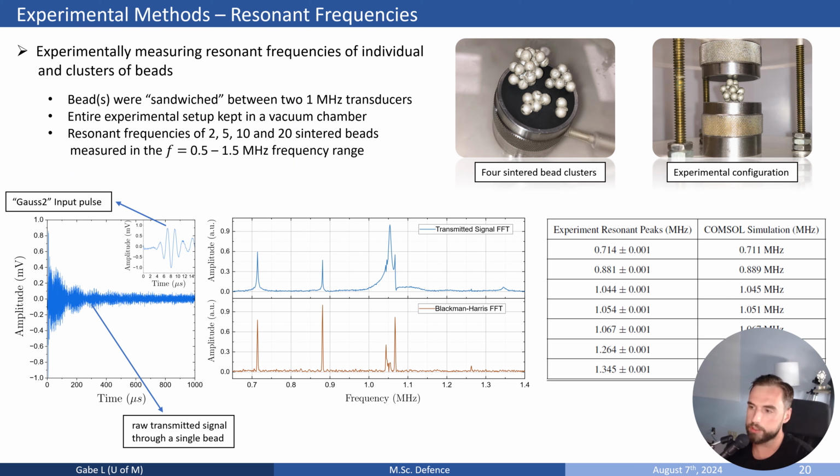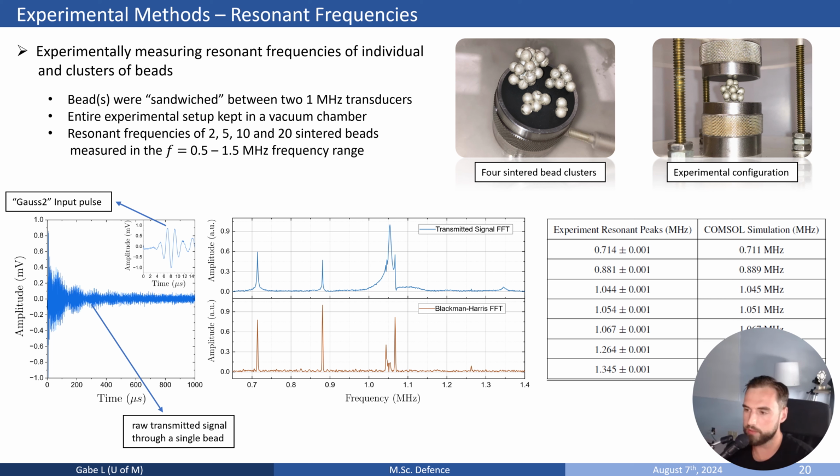The initial experiment, done outside of the water tank, is to measure the resonant frequencies of one bead and multiples of beads, or mini samples. Inside of a vacuum chamber, we put the one bead or the mini sample sandwiched in between the emission and the detection.